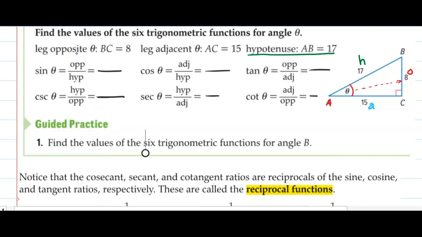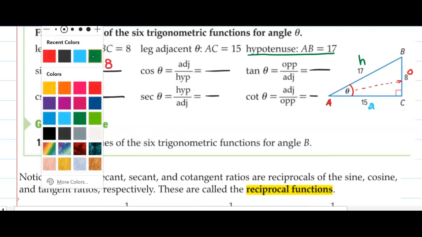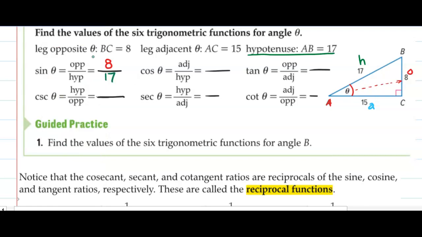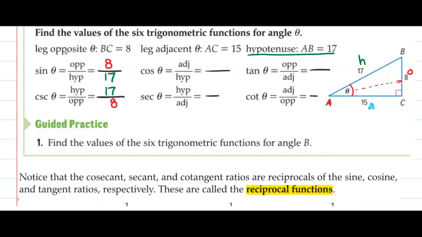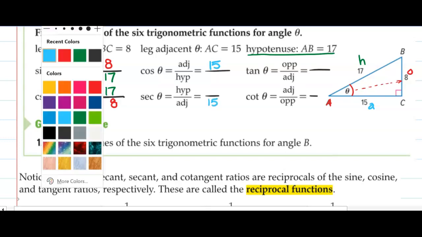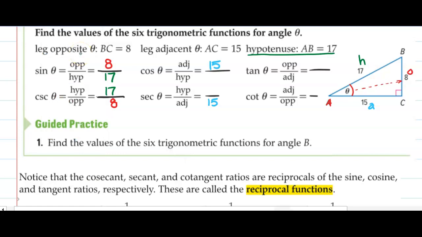So if I want the sine, that's the opposite, 8, over the hypotenuse, that's 17. To find the cosecant, I'm just going to take the reciprocal, 17 over 8. For the cosine, now I need the adjacent, 15. The secant, the 15 will be on the bottom. And again, the hypotenuse is always 17.